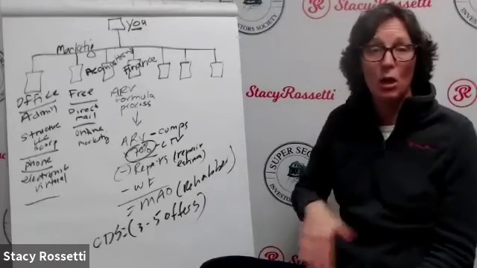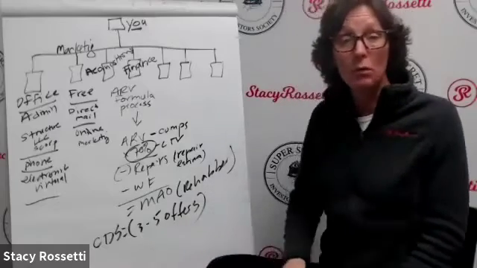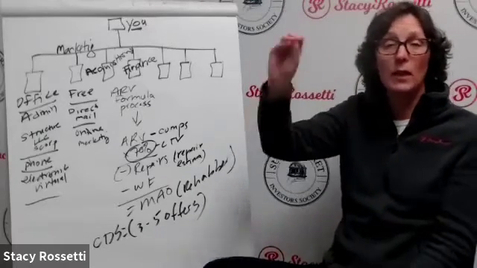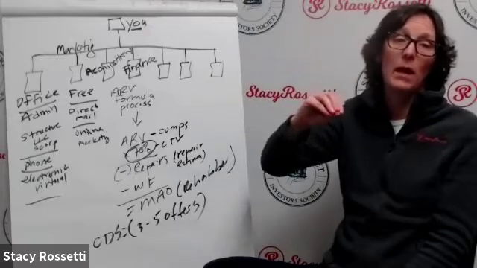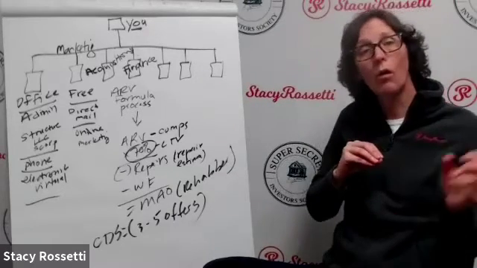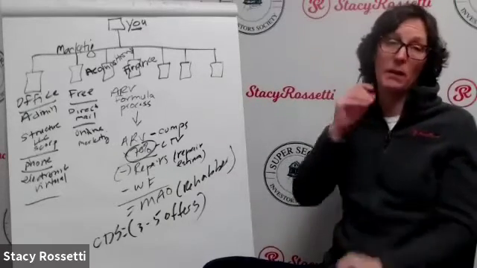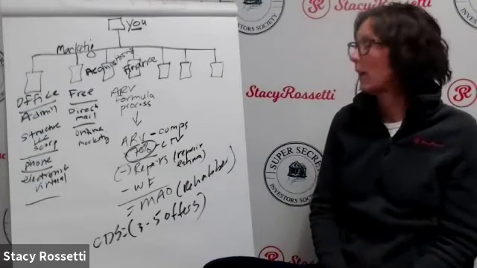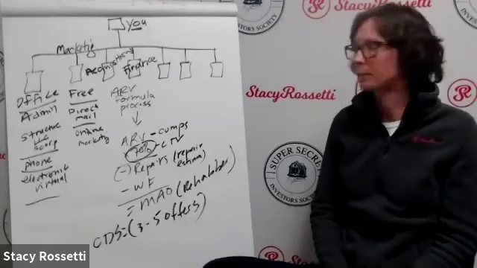That's what you want to learn how to do: use the equity in somebody else's house to buy the property, or use their loan to buy the property. That's called creative deal structuring.